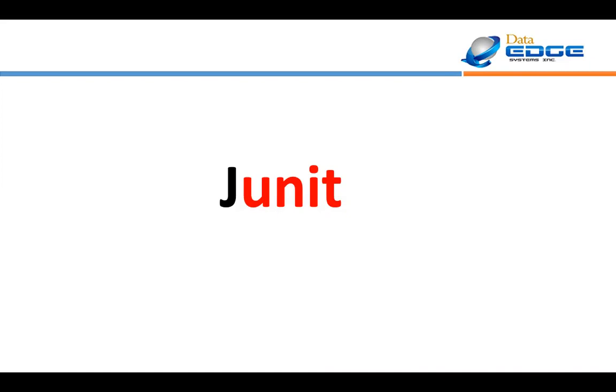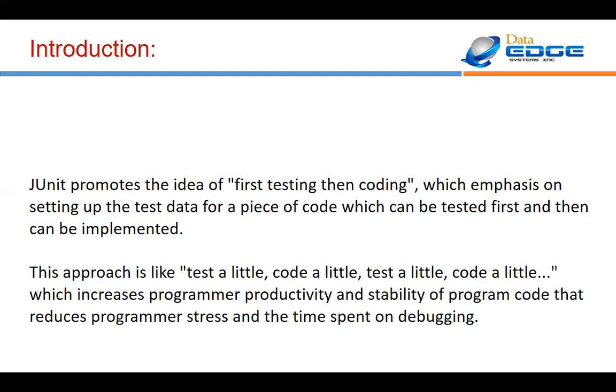Like for testing Java programming, we have JUnit, which is derived from XUnit. We have MR unit for Hadoop programming testing. So we will see what actually this JUnit is.